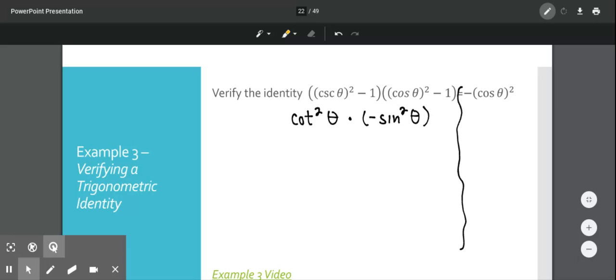So since the right side is cosine, it would probably make sense to change cotangent into cosine over sine. So we'll have cosine squared over sine squared times a negative sine squared.